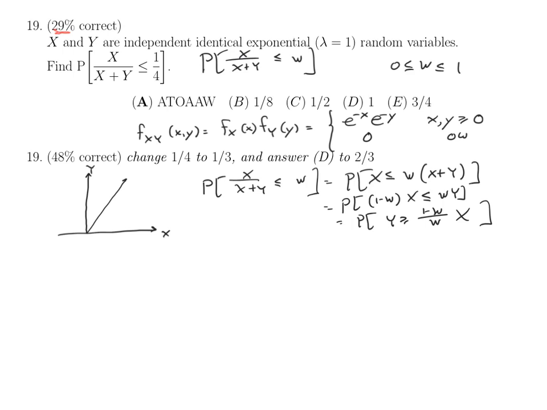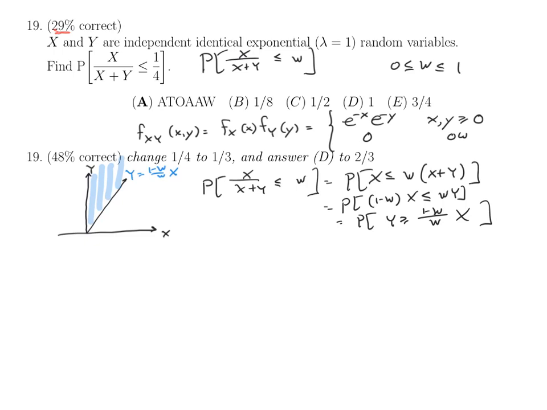This line here is y equals 1 minus w over w times x. We're interested in the probability of being up in this region.